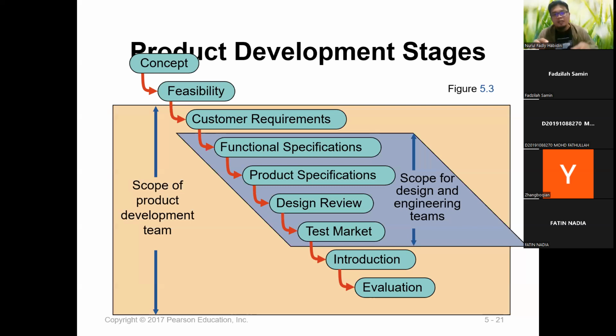So that's why in theory we divide layer by layer, but in real life practice, somehow you need to start customer, functional, and product specification in the beginning, in the initial stage, in order to propose a concept and feasibility for product development. Then we discuss design, test, introduce, and evaluation.